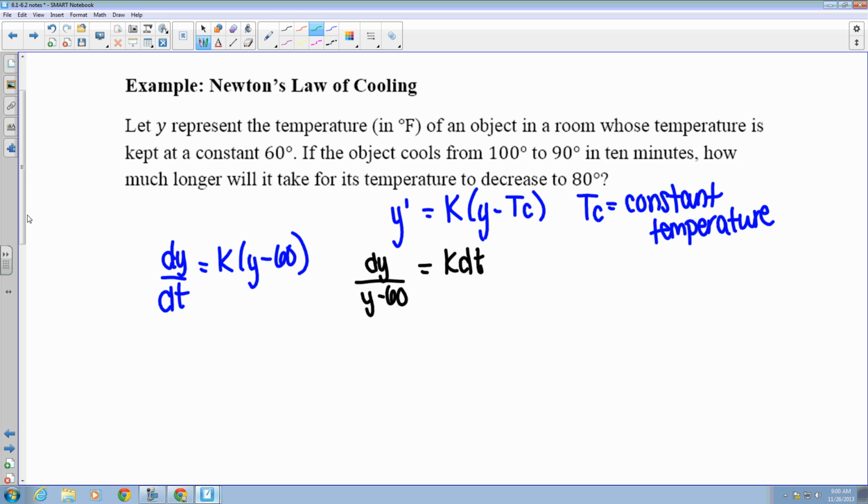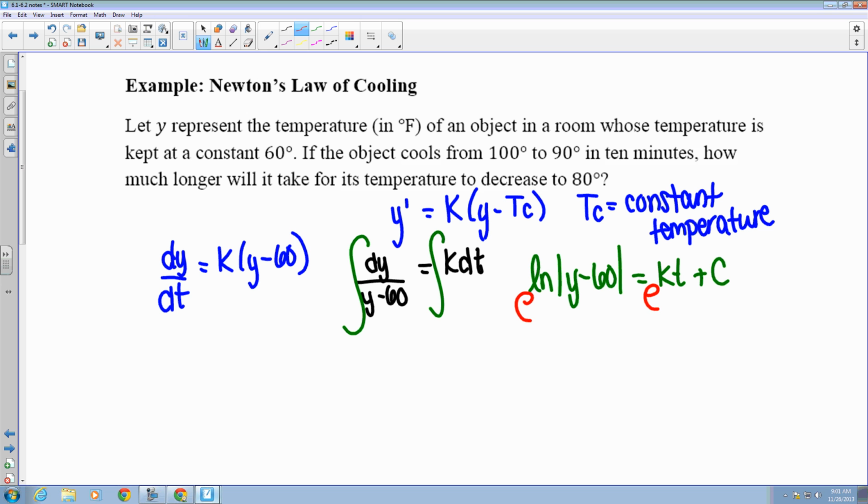Okay, take the integral. Right side, it's natural log, absolute value of (y minus 60) equals kt plus C. And exponentiate both sides. So y minus 60 equals e^(kt + C).